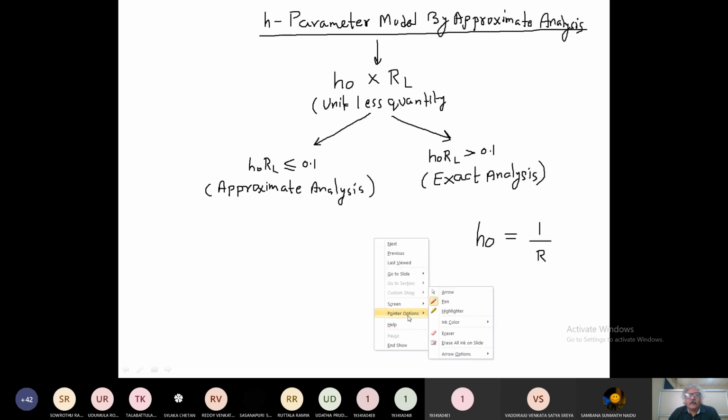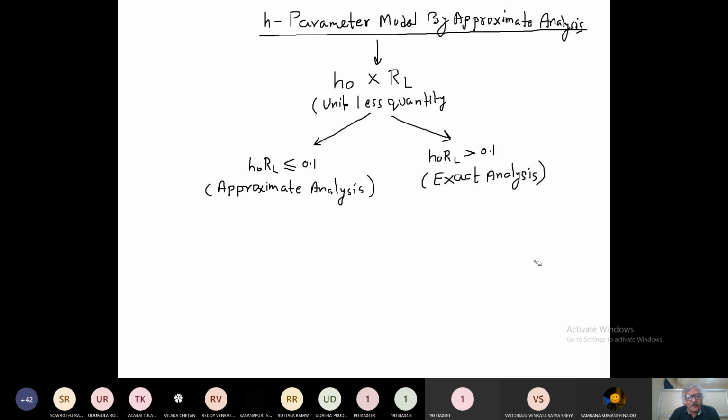Suppose there is a numerical question and it is not mentioned whether to do exact or approximate analysis, but it says use the appropriate analysis method. Then first multiply the HO value with RL and check, and then do the particular type of analysis.